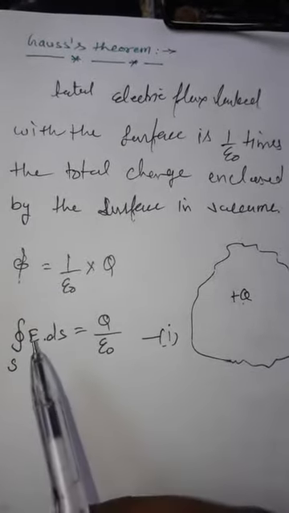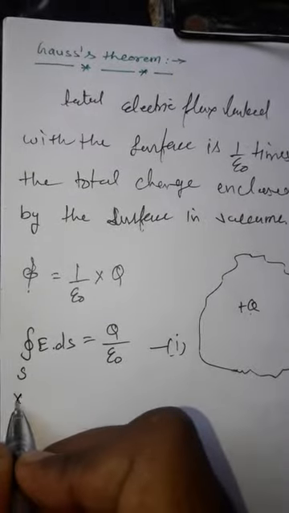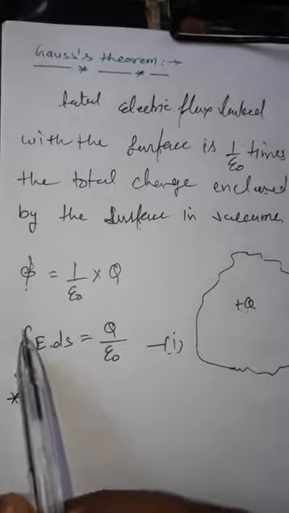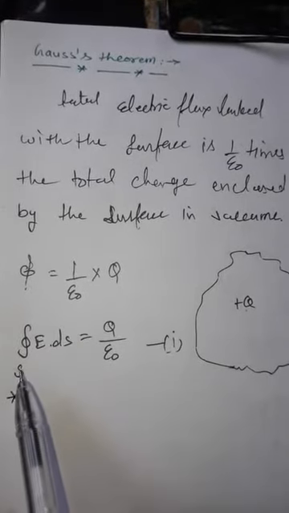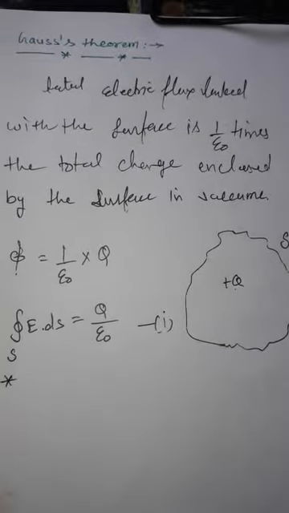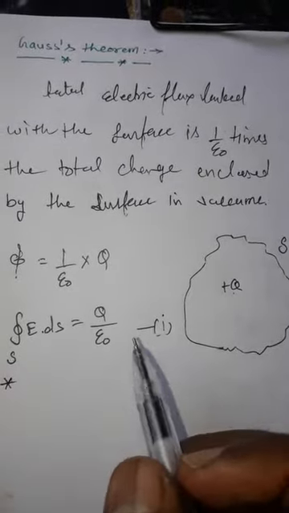Now, the most important thing is that the surface over which we take the surface integral is called a Gaussian surface. What is a Gaussian surface?